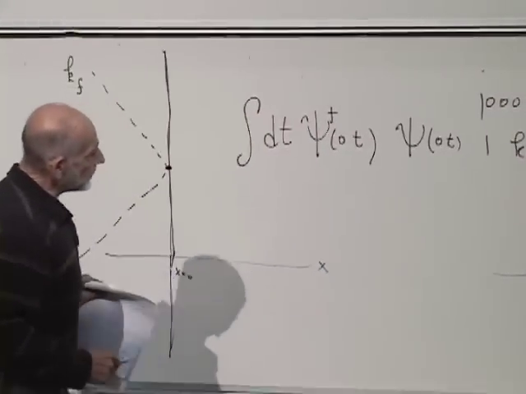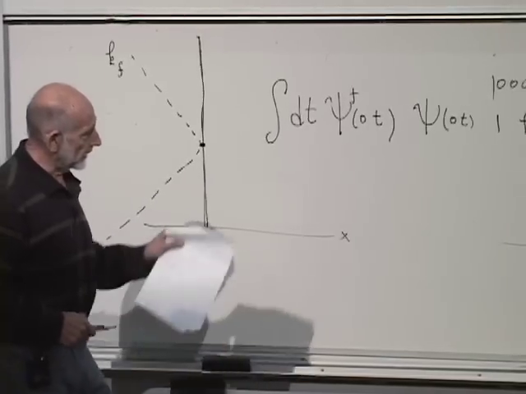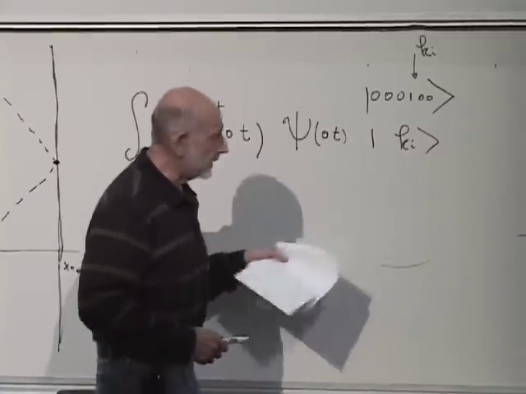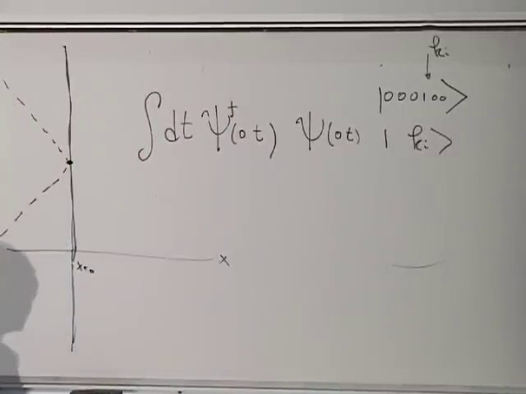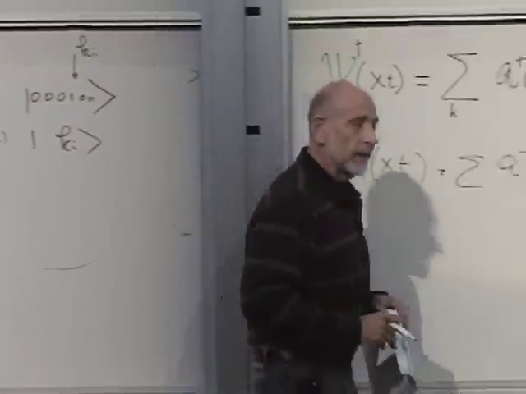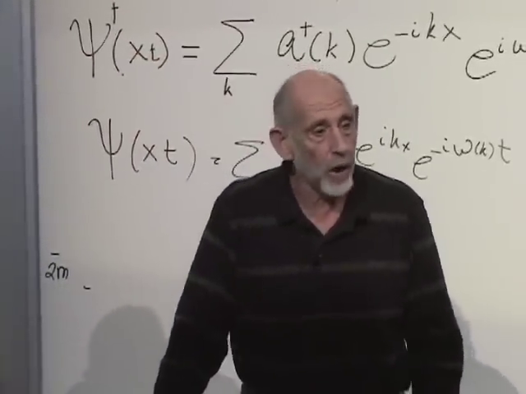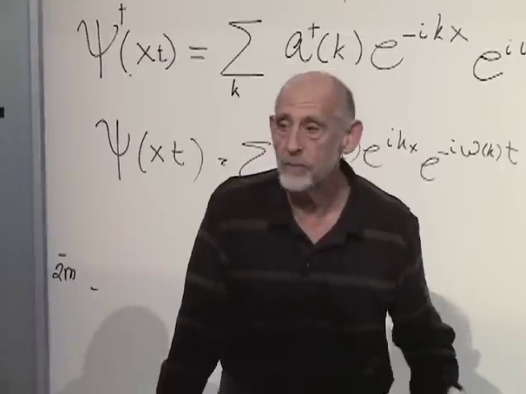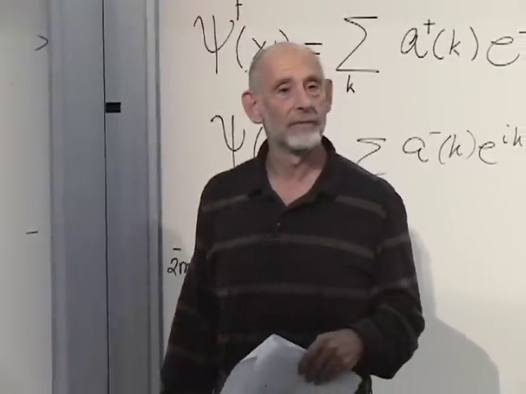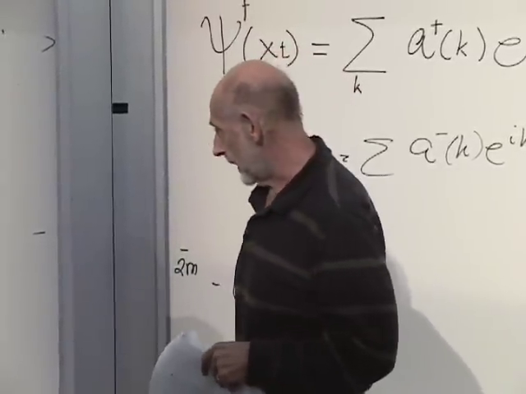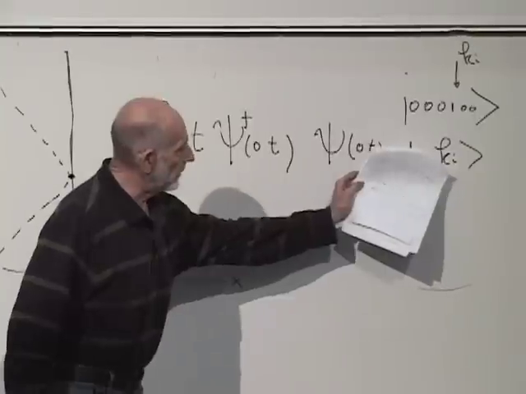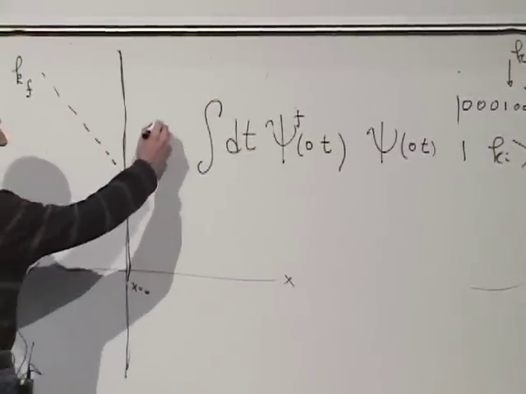Okay. What does this give? This gives the final state. Here's an initial state. These are operators which operate on the initial state and give some final state. How do we calculate the probability that the final state consists of one and only one particle moving with some other momentum? All right, if you remember your rules of quantum mechanics, we take the inner product of this state with the final state.